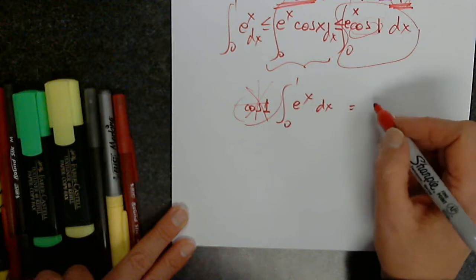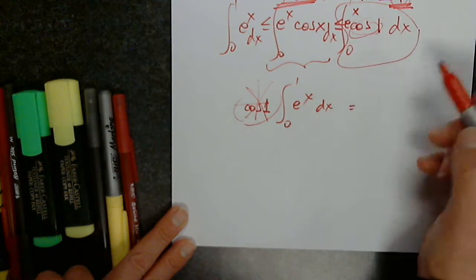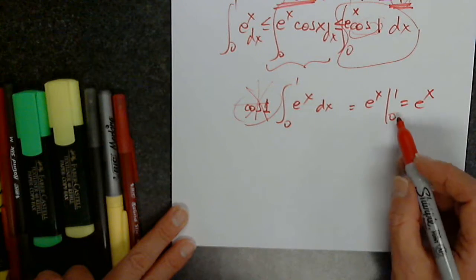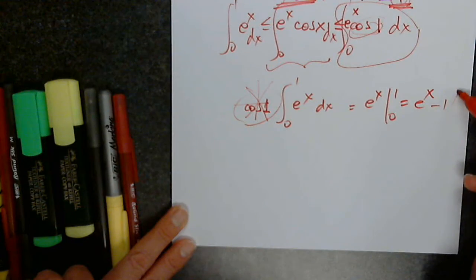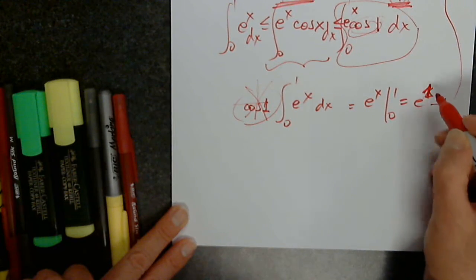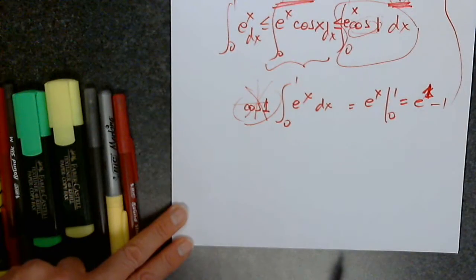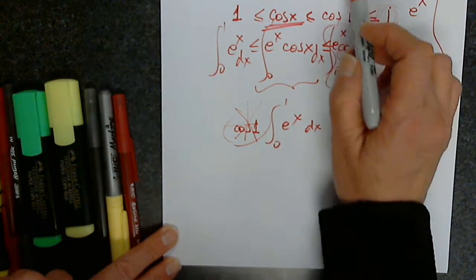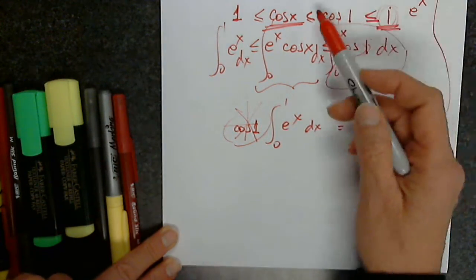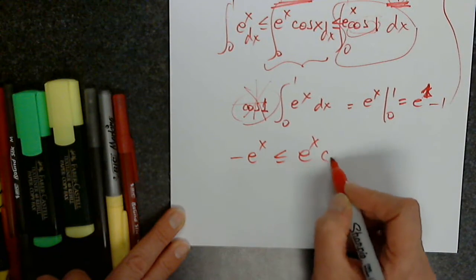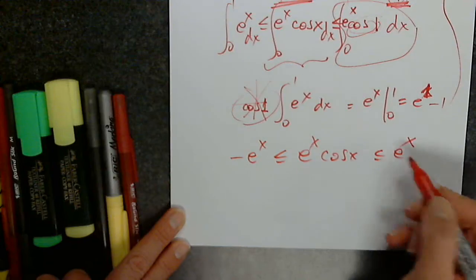So the integral of e to the x dx is e to the x from 0 to 1. I plug in 1, it is e. I plug in 0, it is 1. And that's the right hand side. So I can start from the beginning with this, and I multiply by e to the x: negative e to the x less than or equal to e to the x cosine x less than or equal to e to the x.